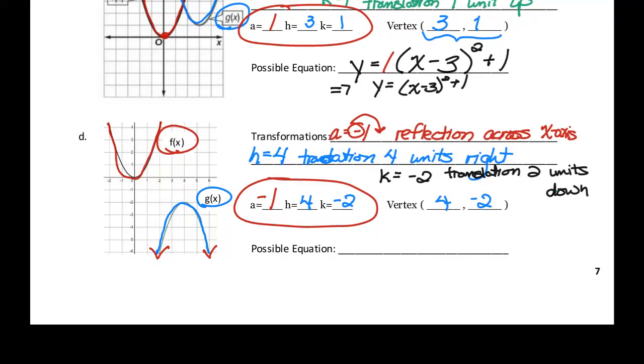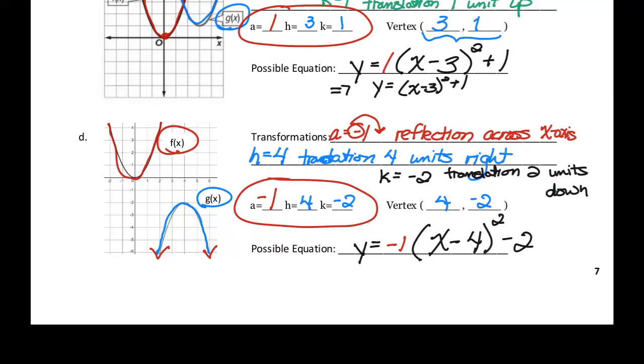So, possible equation, y equals, what's my a value? -1 times parentheses x. I have an h of 4. Opposite's going to be -4 raised to the second power -2.